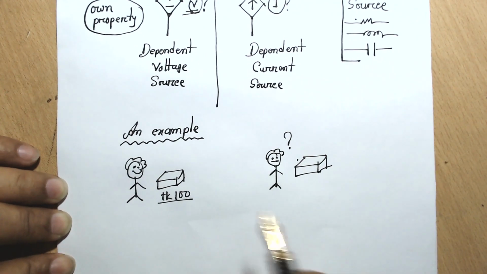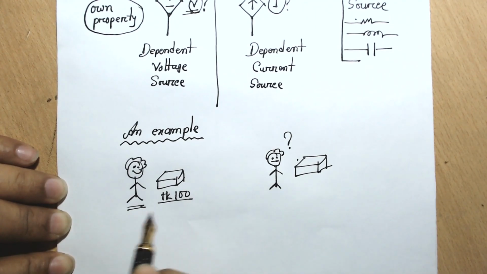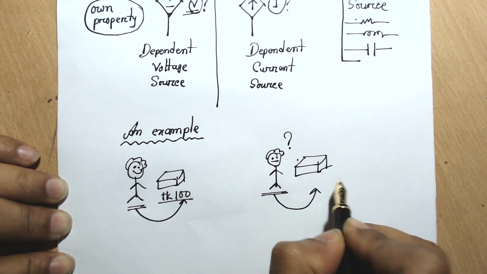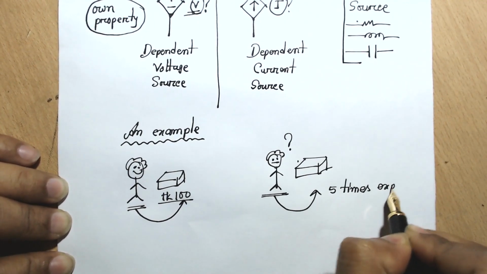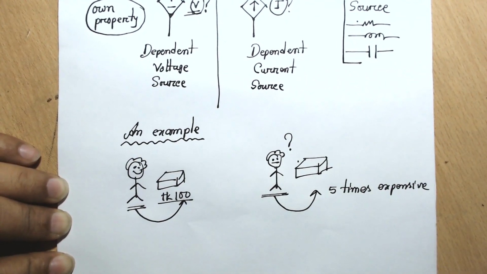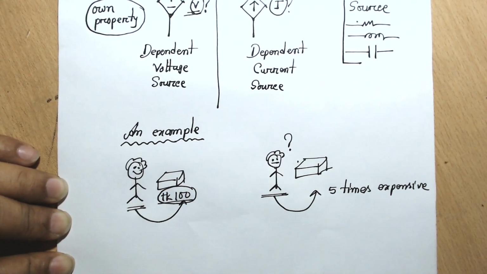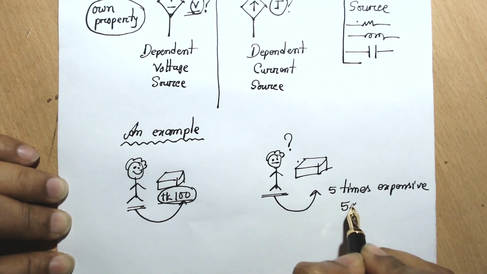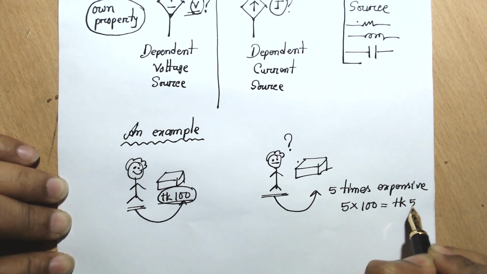Sometimes we talk like this: if that person buys something at taka 100, I will buy something which will be 5 times more expensive than his gift. That time, if he buys a gift for taka 100, that person will buy a gift for 5 times 100, which will cost taka 500.